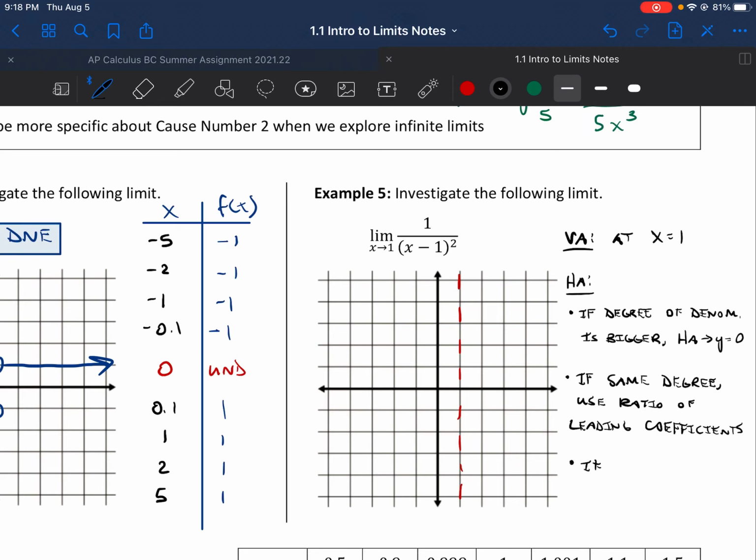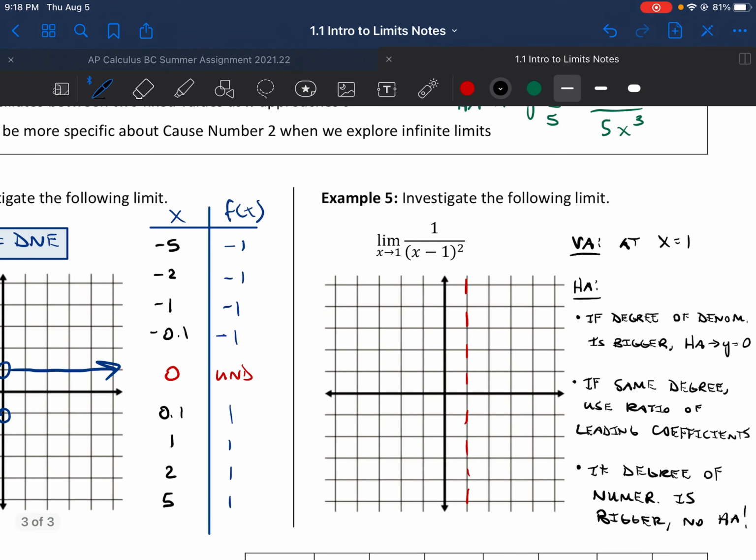So if degree of numerator is bigger, no horizontal asymptotes.